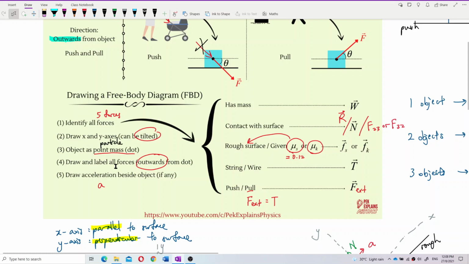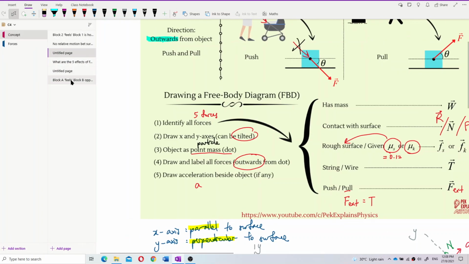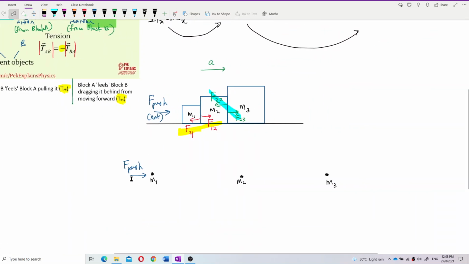Don't go inward. So that means the pushing force you cannot put over here. You must put to the other side. Don't put it over there.